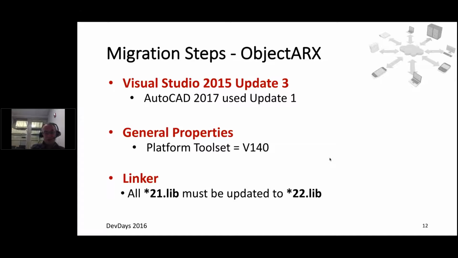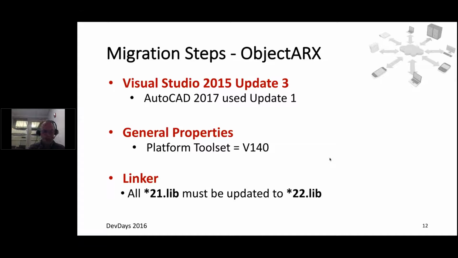In terms of compiler compatibility, first I'm going to tell you what Autodesk do. Our engineering team are extremely strict about matching compiler versions with the product that they're building.